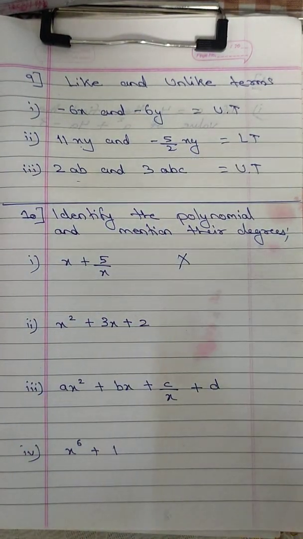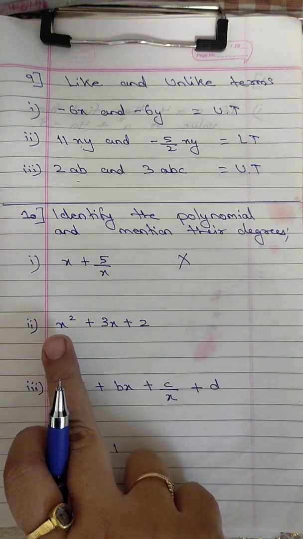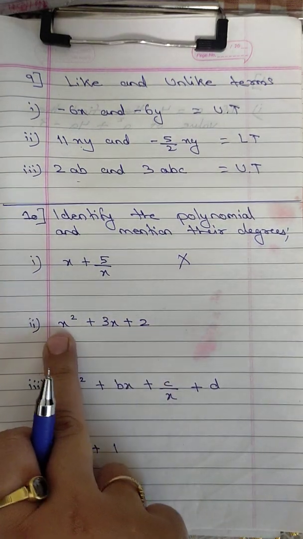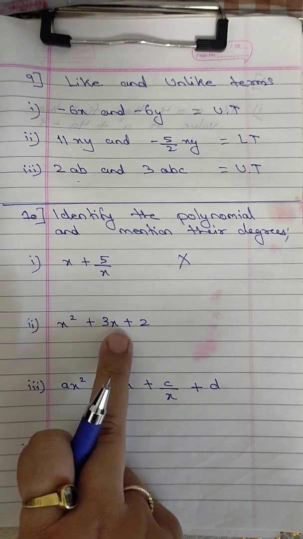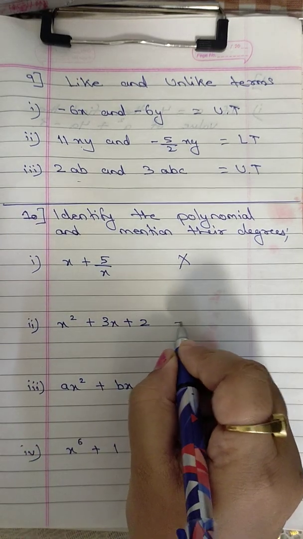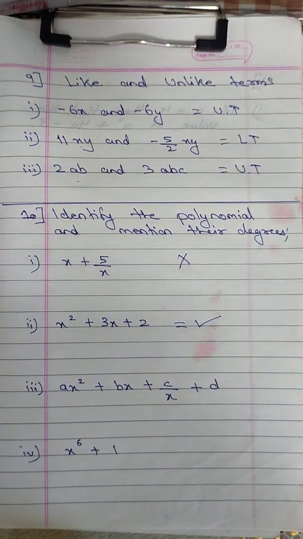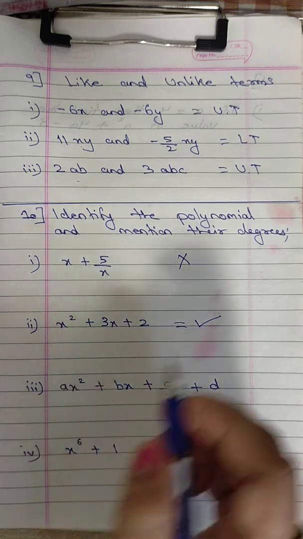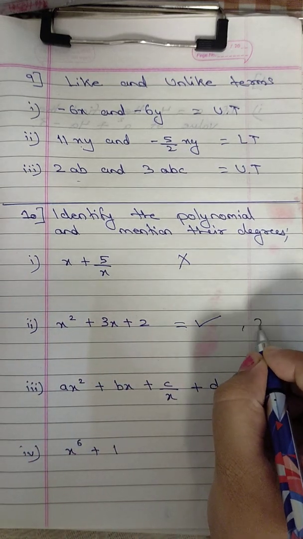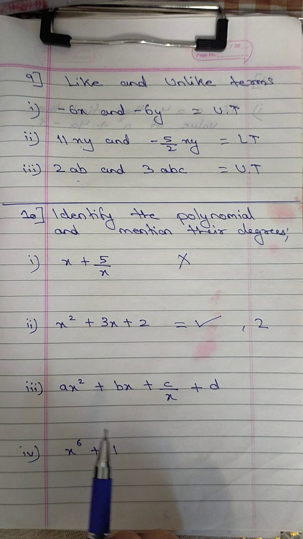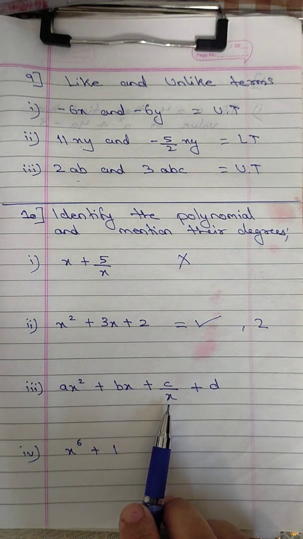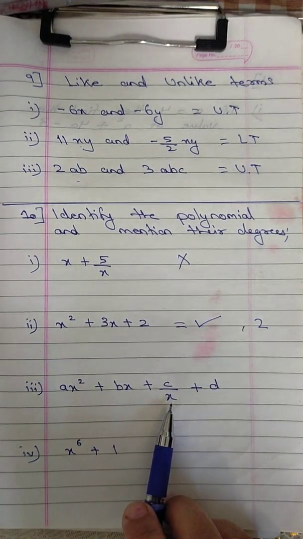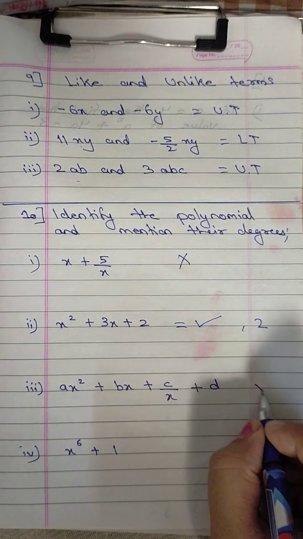Okay. Let's come to the second. Yes, it is a polynomial because every variable has a positive power. What is the degree? The highest power is the degree. So the degree is 2. Okay. Again, this is not a polynomial because the variable is in the denominator.